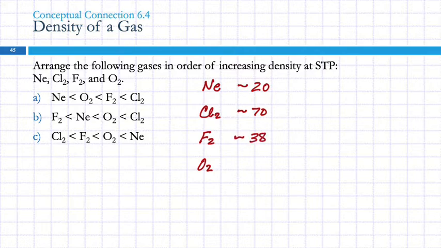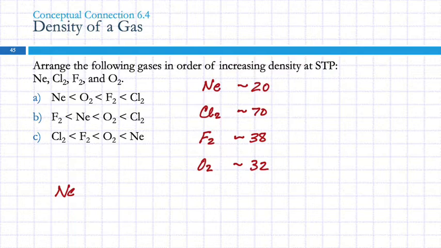And oxygen is 16 times 2, so that's 32. So equal volumes, equal number of moles of gases, but which one is going to weigh the least? The neon. So that means that neon is going to be the least dense.